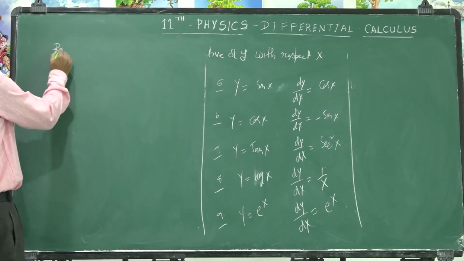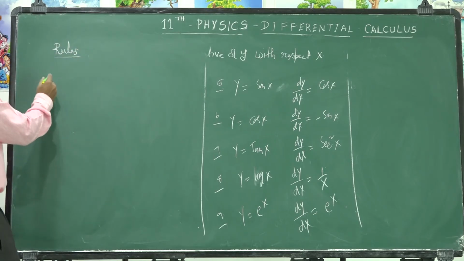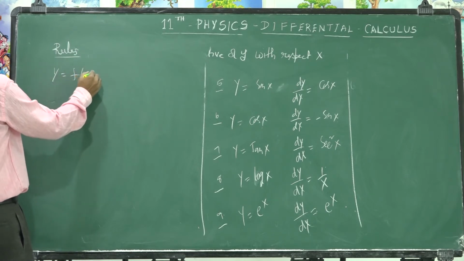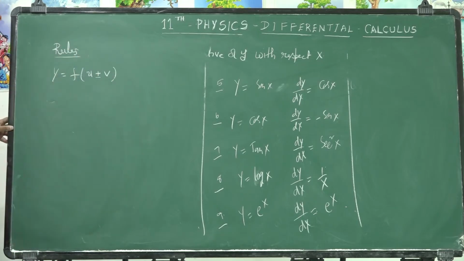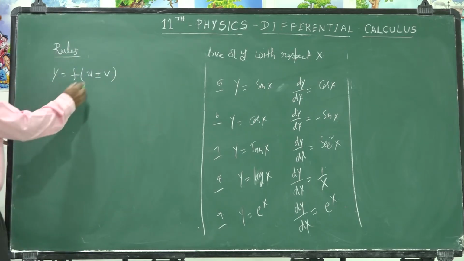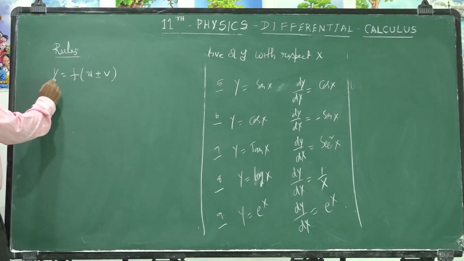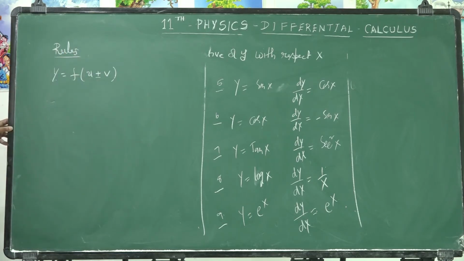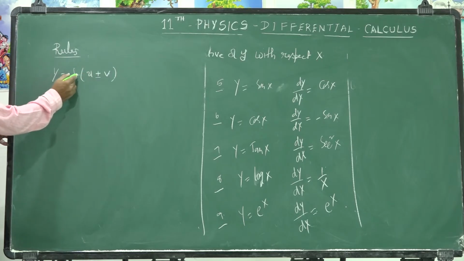What are these rules? Suppose y is a function of u and v. U is one variable, v is another variable. It may be plus or minus. This y depends on u and v, 2 physical quantities, summation or addition from the principle of homogeneity.